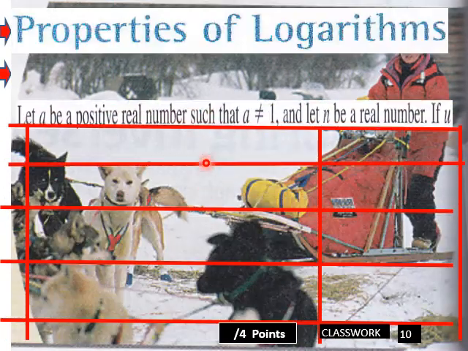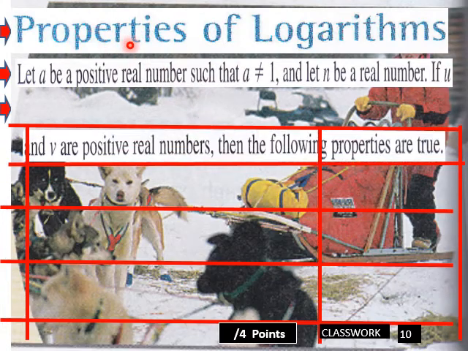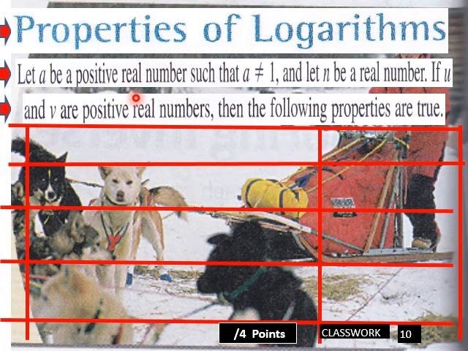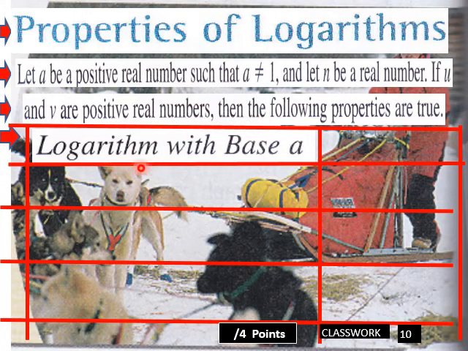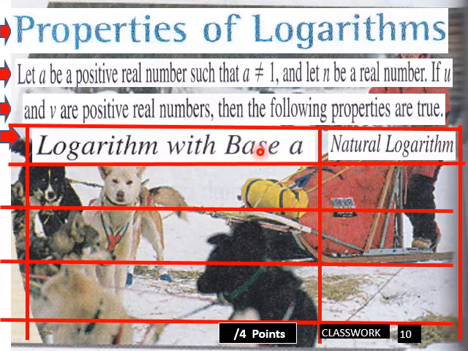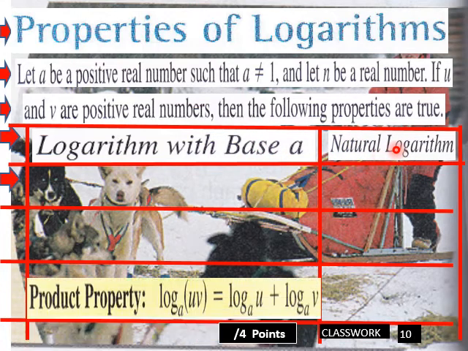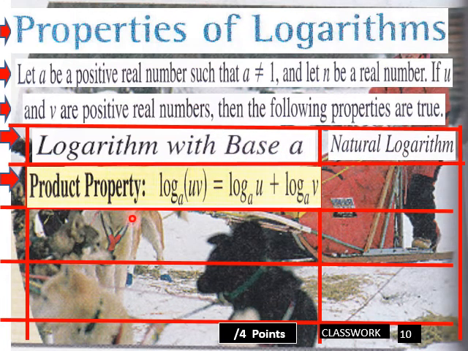Okay, let's go into a table here. Properties of logarithms. Let a be a positive real number such that a cannot equal 1, and let n be a real number. If u and v are positive real numbers, then the following properties are true, for a logarithm with base a and for a natural log. Product property: log base a of uv equals log base a of u plus log base a of v.